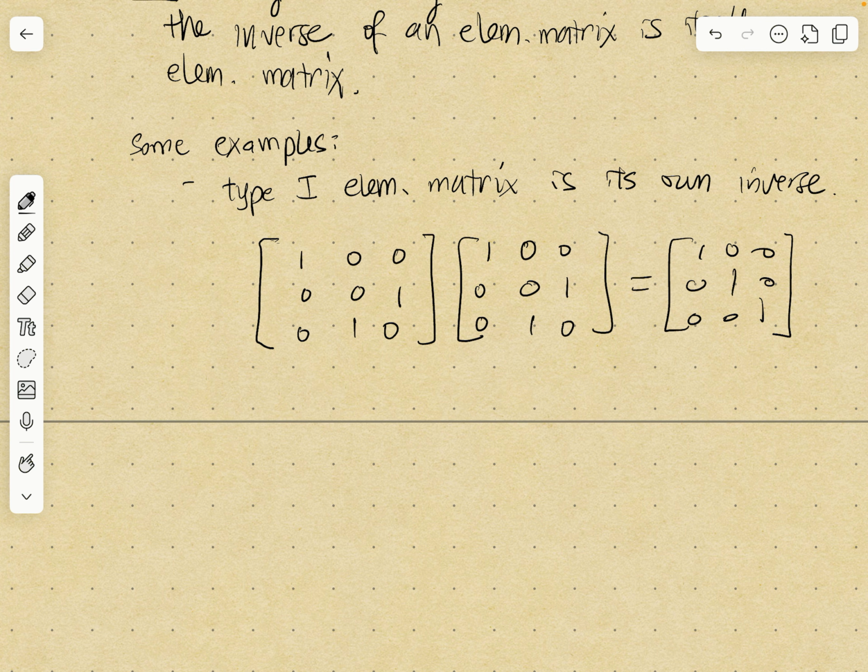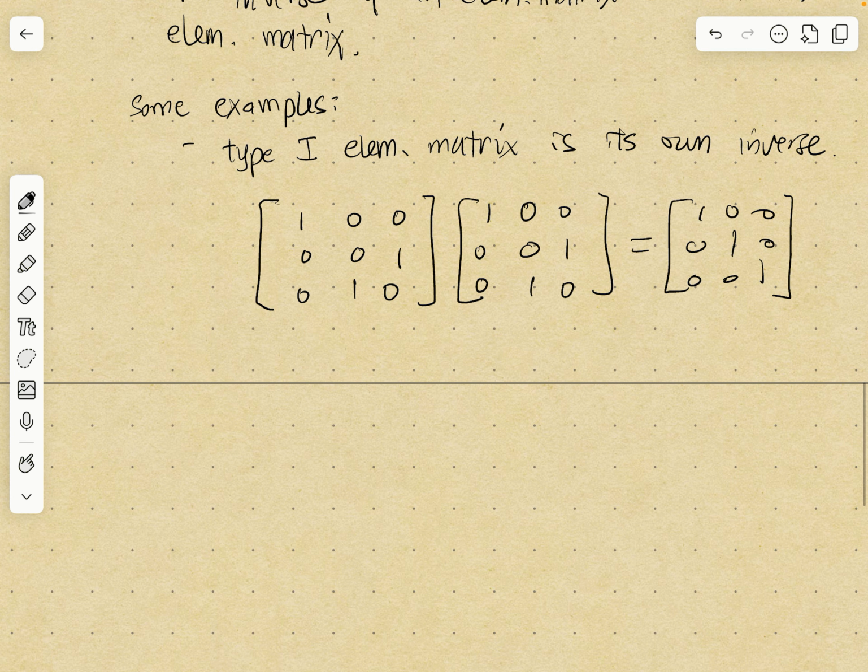And again, if you are familiar with this idea that when you start off with a matrix A and you multiply on the left by some matrix, the rows of the result are obtained as linear combinations of the rows of A. So for instance, in this case, the first row of the product is 1 times the first row plus 0 times that row plus 0 times that row, and then you get this.